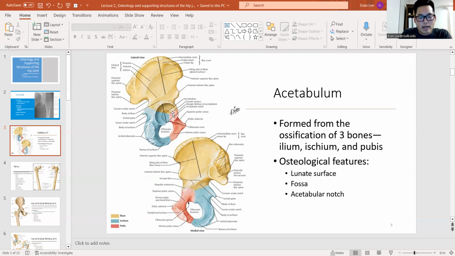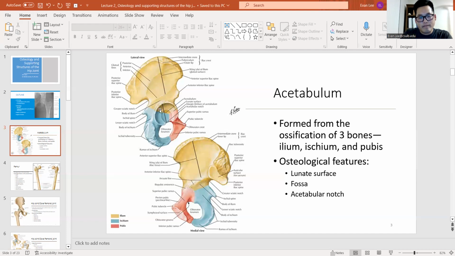So if you look at the acetabulum, though, there are just a few different things that we can look for, starting off with this big thing in the middle. This depression is called the fossa of the acetabulum. So the fossa of the acetabulum is right here in the middle. And then looking along the edges, you can see that it forms this long crescent moon shape.